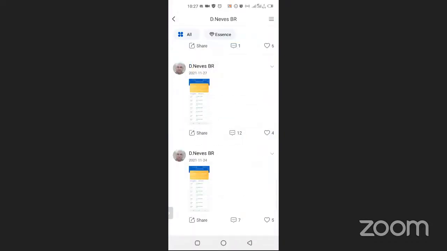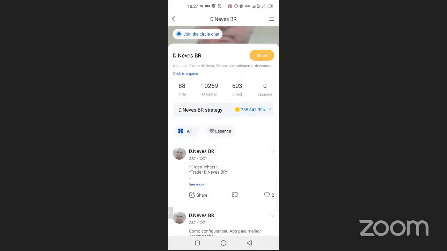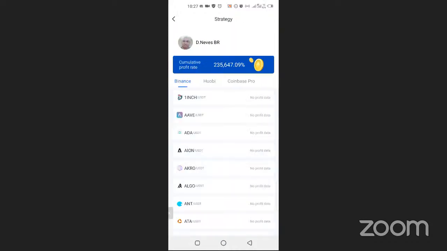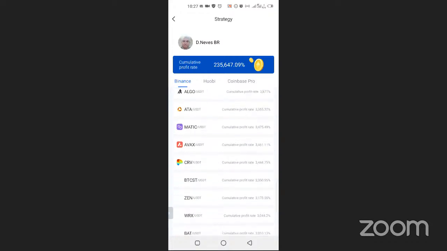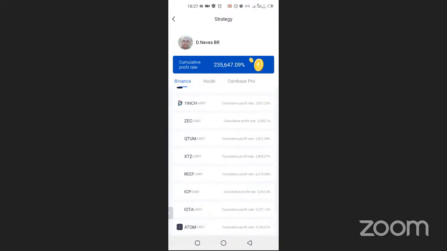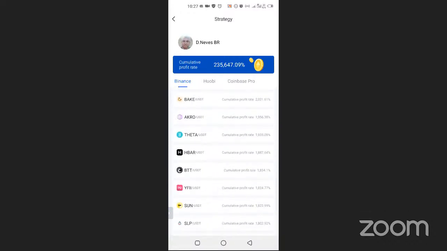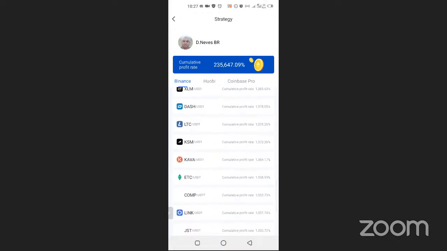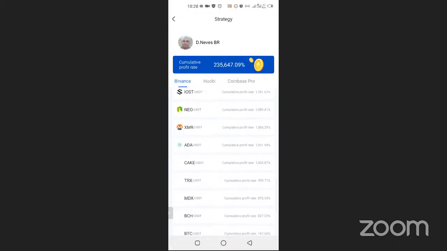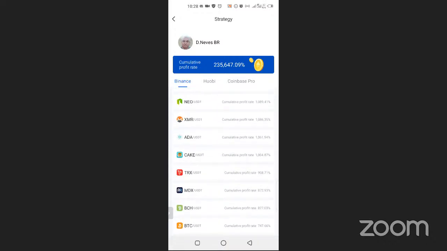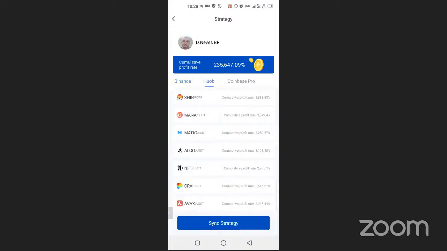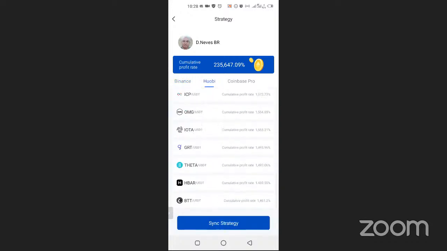And when he trades all the coins, if some coins are doing bad, other coins do well. You see, he's trading all coins. These are his percentages in profit for these coins here. Then you go to Huobi, all coins.